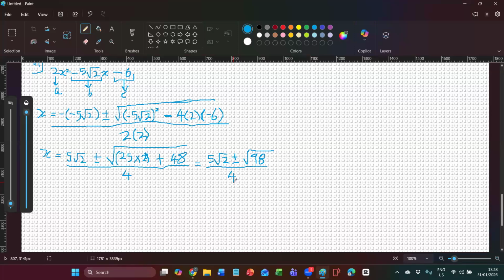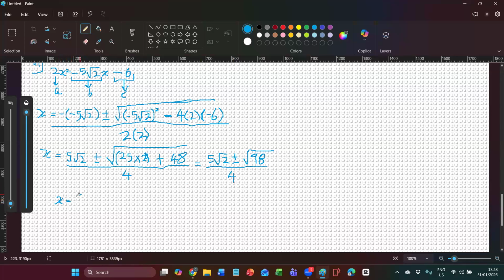We're going to break down 98 using 2, because we know where we are going, we know what we want to achieve. That's our goal, to have a surd 2 somewhere. So 98 is what times 2? Is 49. Exactly, 49.